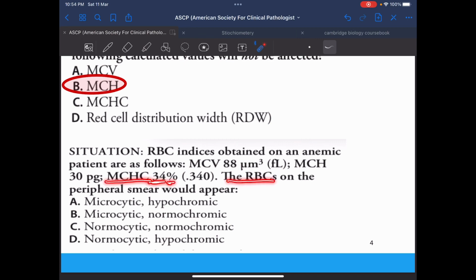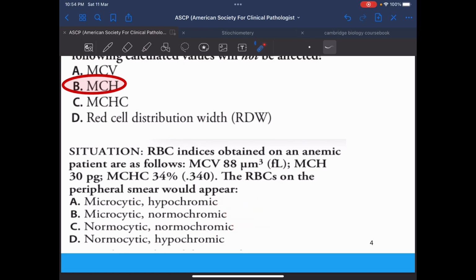How will the RBCs appear on the blood film? Microcytic hypochromic, microcytic normochromic, normocytic normochromic, or normocytic hypochromic.